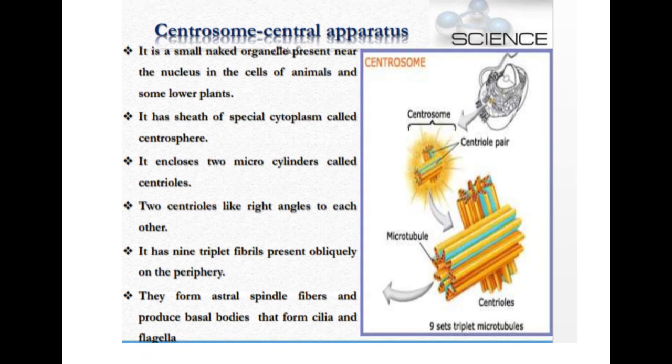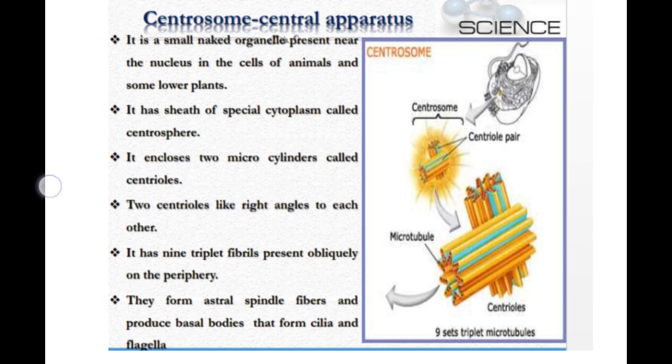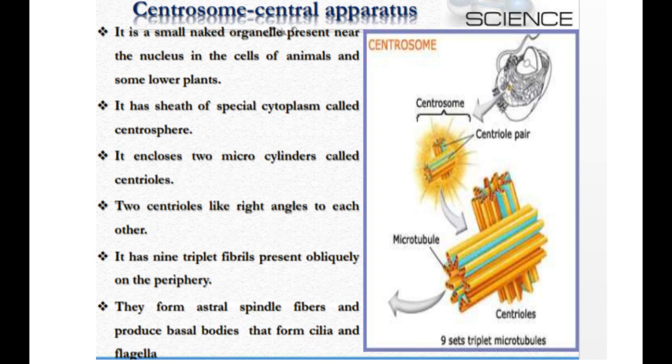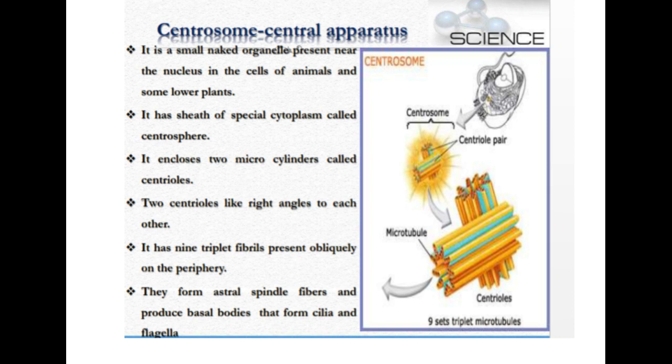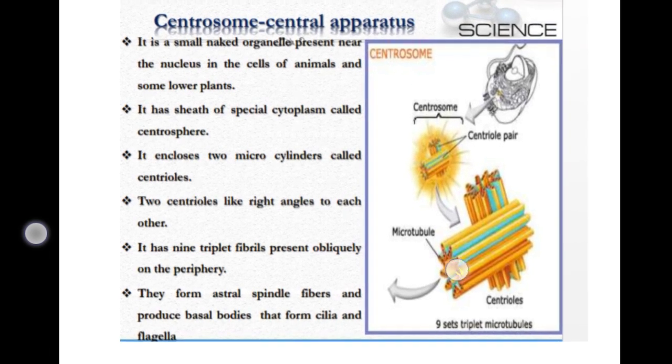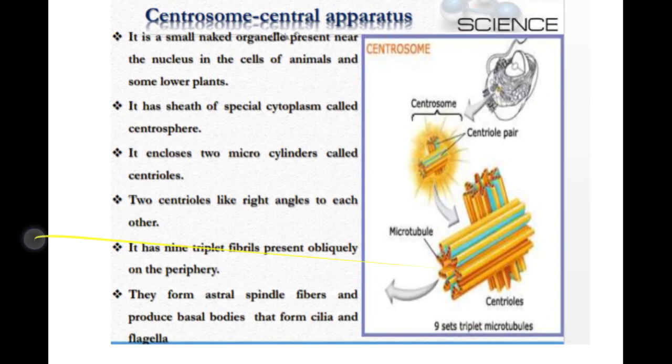It encloses two microcylinders called centrioles. This is one centriole and this is the other centriole, which is present at right angles to each other. It has 9 triplet fibers present obliquely on the periphery. So if you count here, it contains 9 triplet fibers.